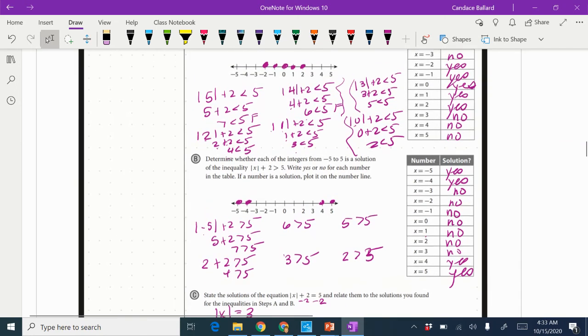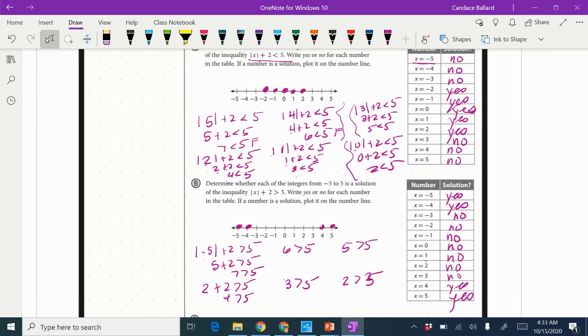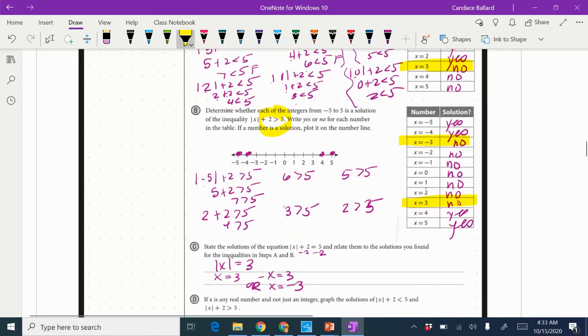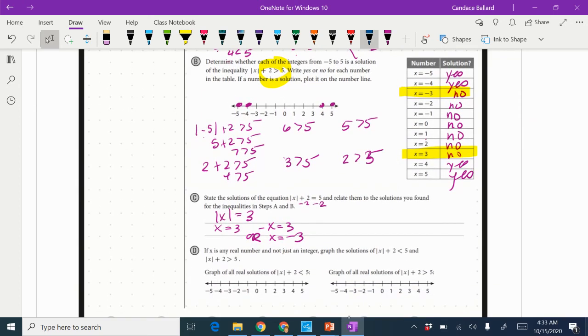And at -3, let's look at -3 on both of them. So it was equal to -3. And look at the answers to -3 on these. It says no, because remember, we did not have an equal sign on either of these. There was no equal to. So that would be how they're related.